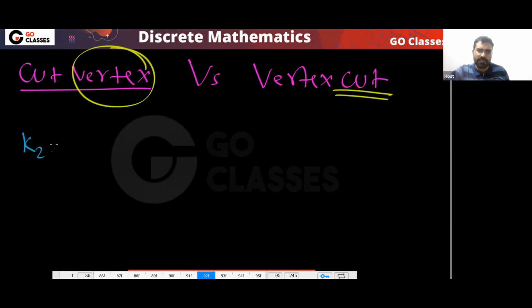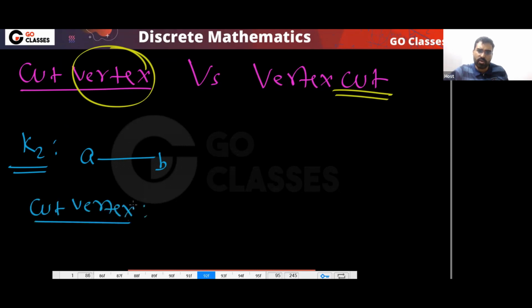Like if I give you this graph K2, do we have a cut vertex, an articulation point? It does not exist, because an articulation point must increase the number of components.